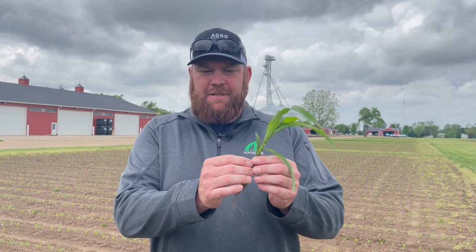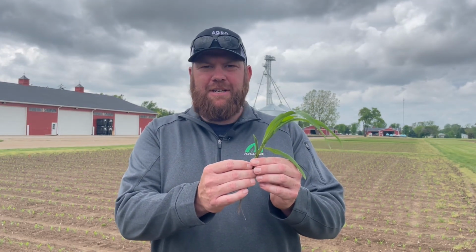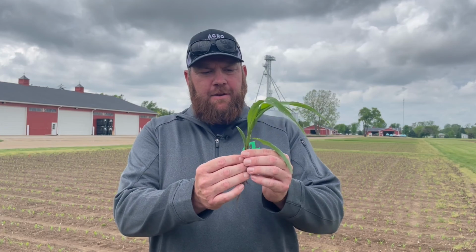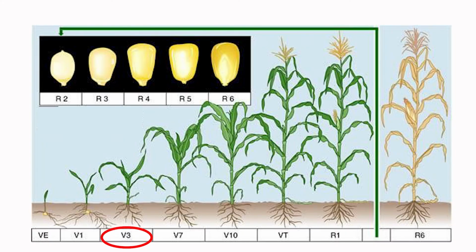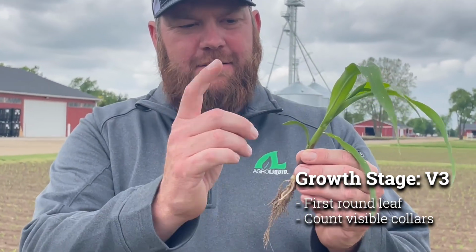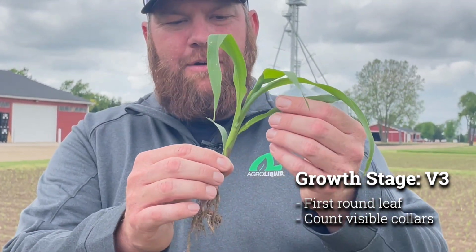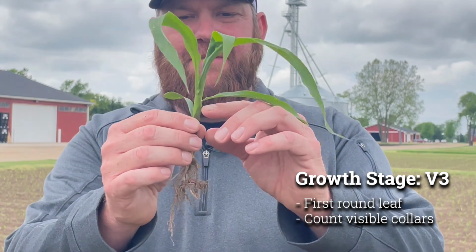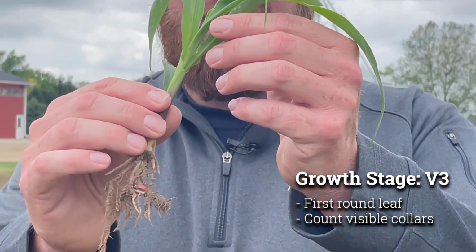So now we'll look at growth staging a young corn plant. This was planted about 3.5 weeks ago, and what we have here, we're in V3, and we'll show you how to get there. When we start to stage the young corn plant, we would look for this first rounded leaf, and that's number 1, and we would count up from there, looking for visible developed collars on leaves.